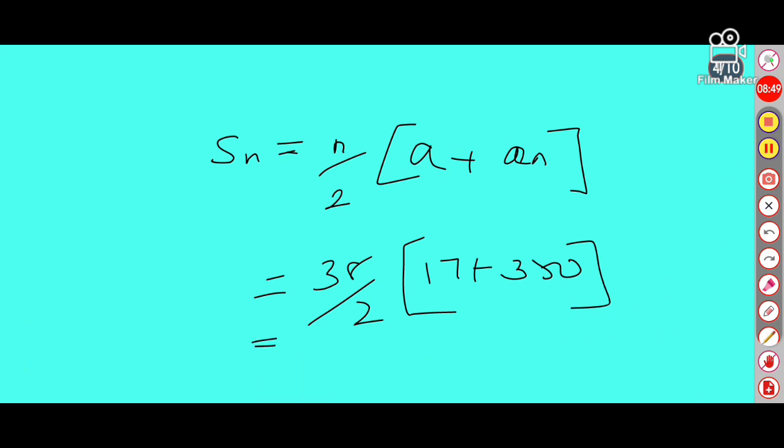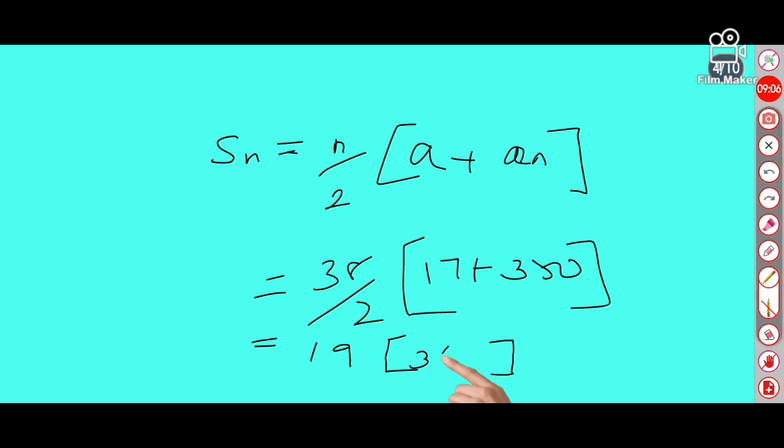So 19 into 350 plus 17, that is 367. When you multiply 367 and 19, you get 6973.